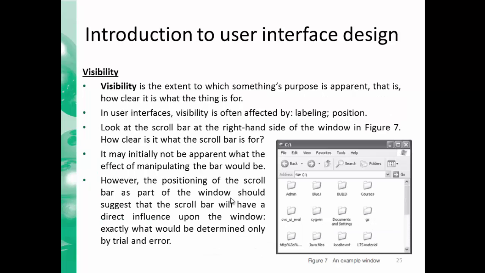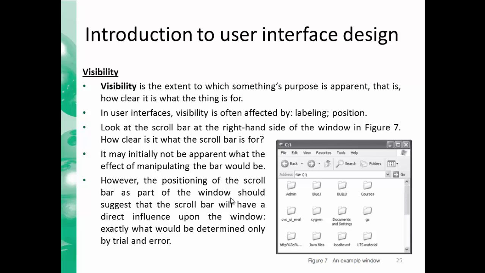First, we start with visibility, and we define it as the extent to which something's purpose is apparent. That is, how clear it is what the thing is for. So if you look at the object and you know what it is there for, then you can say that this object has high visibility. A very good technique to help us build a visible component is to label it.